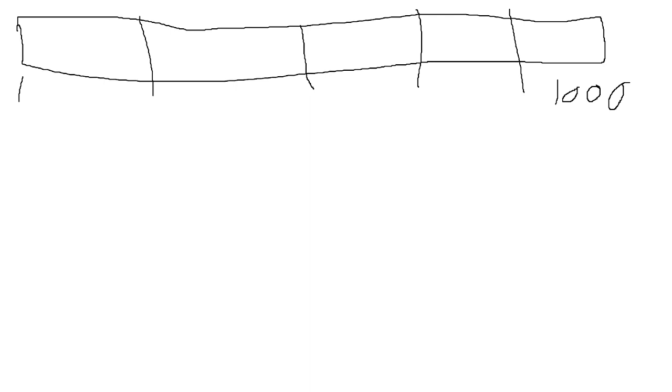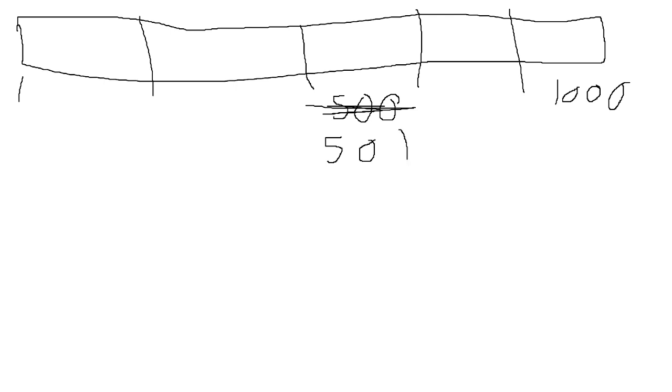Let's say I want to find an item from this list. Let's say I want to find the item 500. I have to look through the whole list. Okay, not 500, that's bad. Let's say 501.